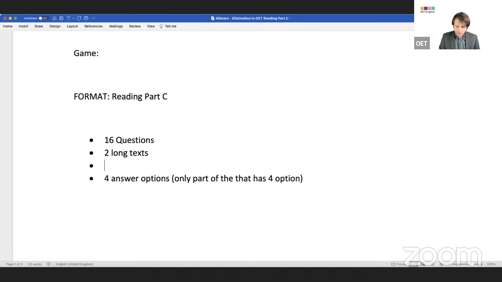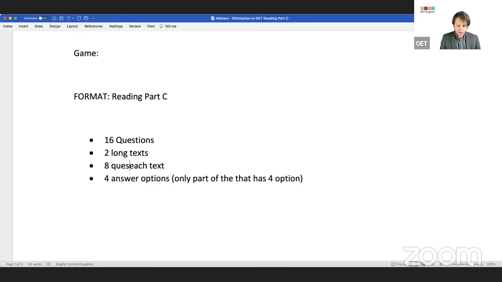So the 2 long texts, 16 questions. How many questions for each text? It's easy, this is just a game, really. Even if you don't know anything about OET, you can get the answer. The answer is there are 8 questions for each text. So 16 questions in total, 2 long texts, 8 questions for each text.